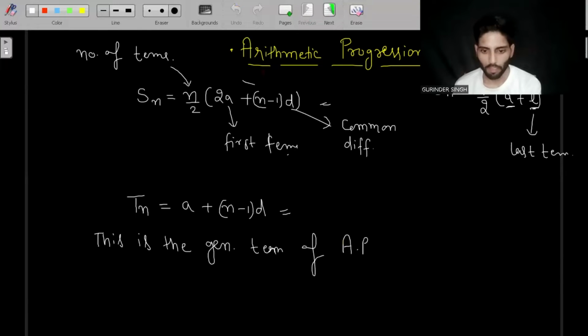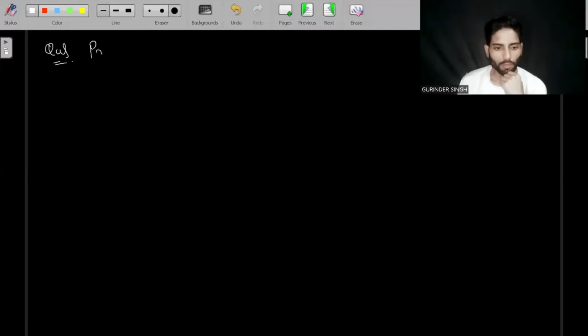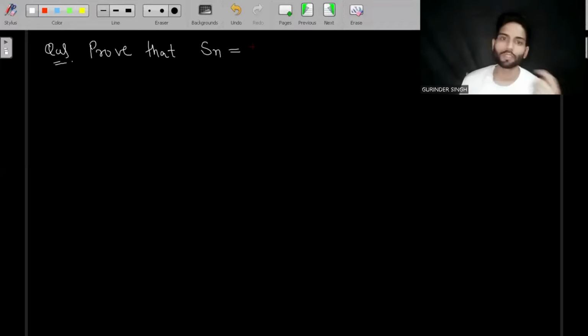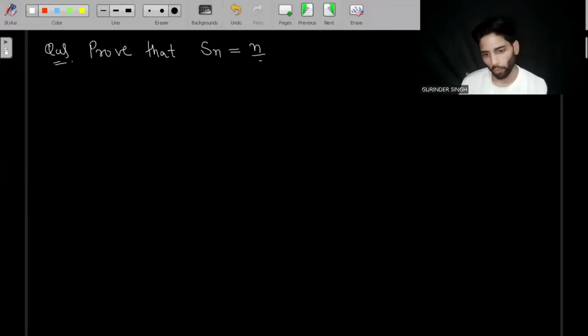Okay, so let's start the proof. My question is: prove that Sn is equal to the first formula, n by 2 in brackets 2a plus n minus 1 multiplied by d.